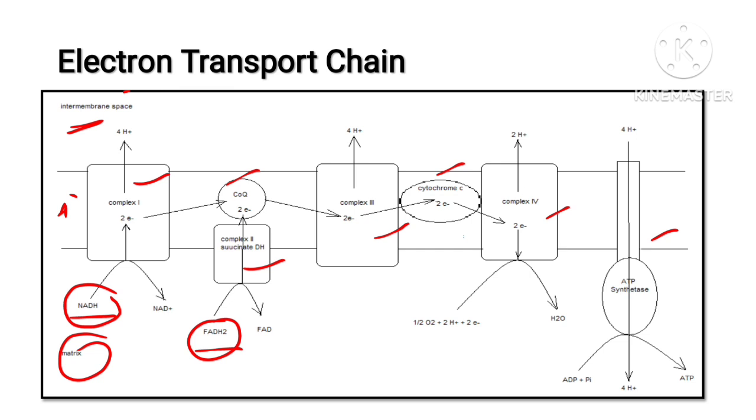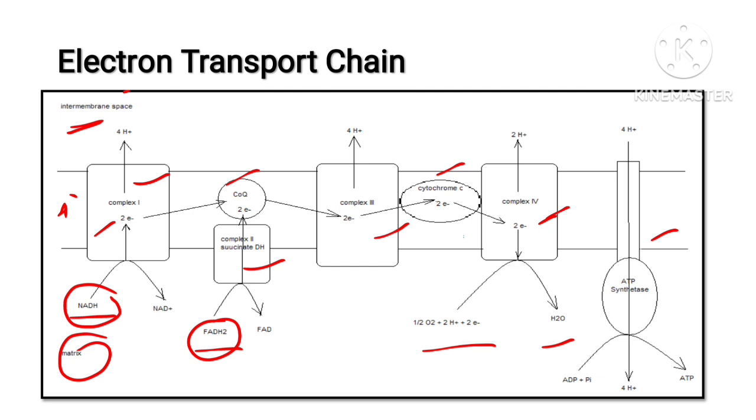These reducing agents donate electrons to the different complexes of the electron transport chain, and the electrons are carried to complex 4, where they are finally transferred to oxygen to become water.